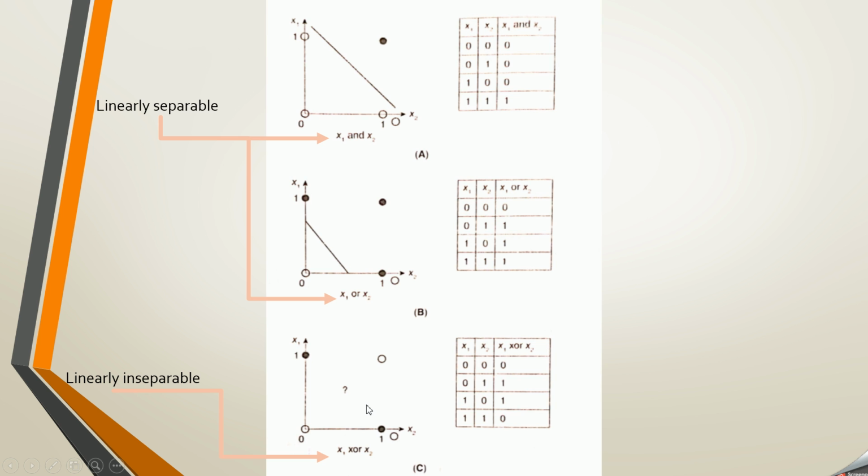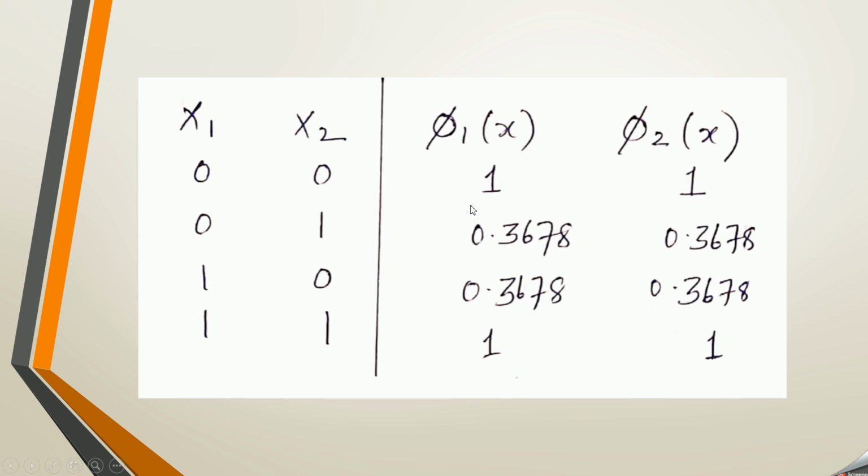But with this we are not able to achieve linear separability. So we are supposed to get this particular output for 0,0, 0,1, 1,0, 1,1. For this, we are expecting these values to be the output, and when you plot these values on your graph, we are able to achieve linear separability.